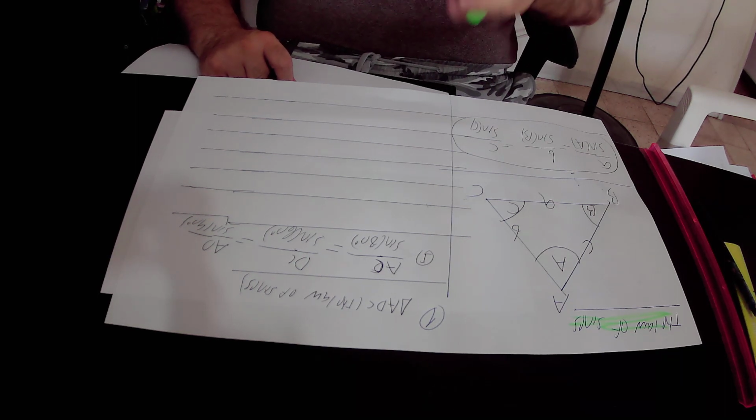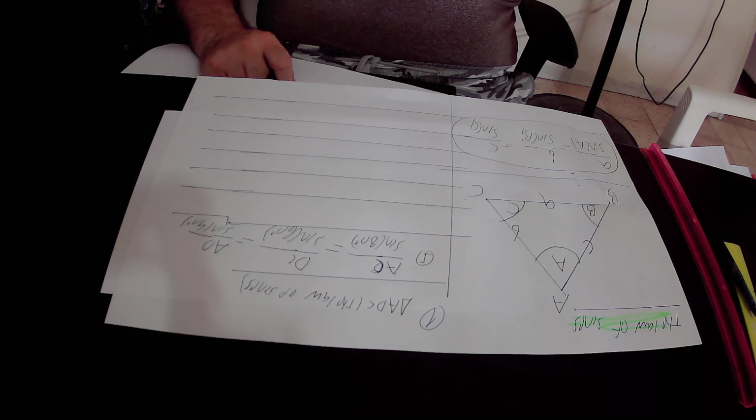So equation number 1 is the implementation of the law of sines in the green triangle ADC.